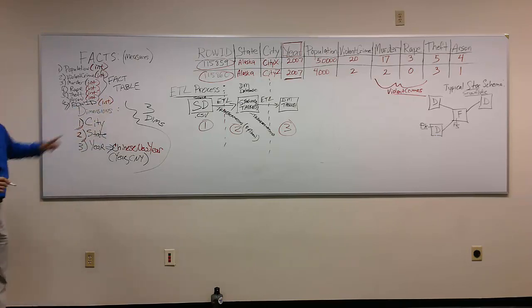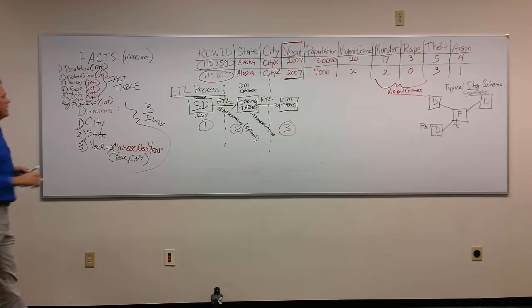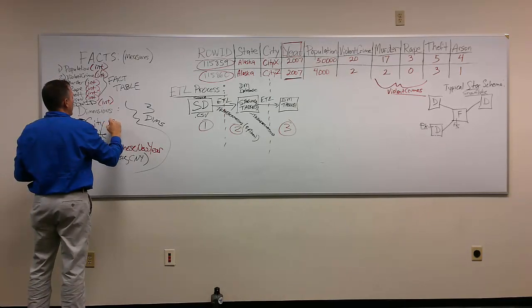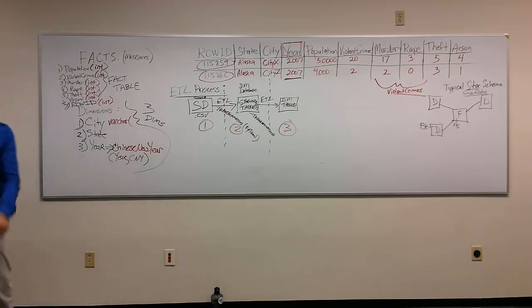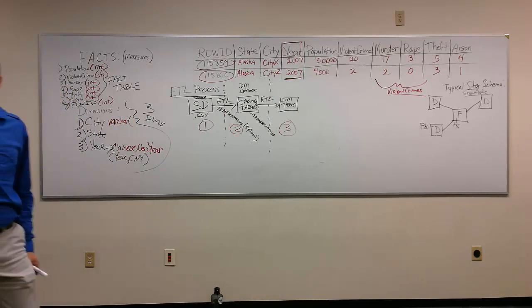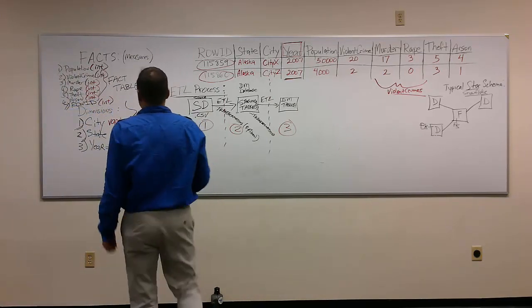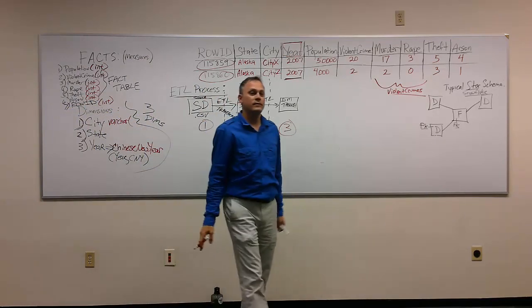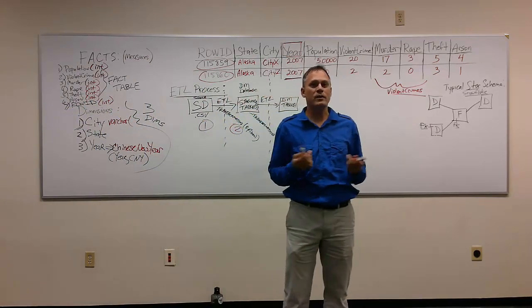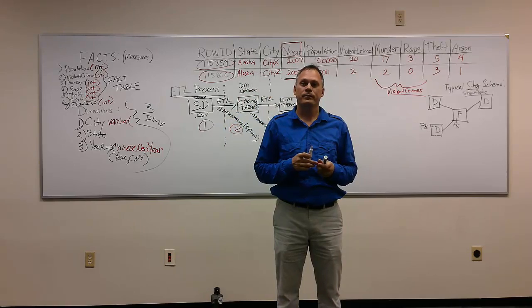In our dimensions, what should city be? In SQL Server, it would be varchar. Now, what size should we pick? How would we determine the size of the city? What might you want to do? The amount of characters in the largest city.